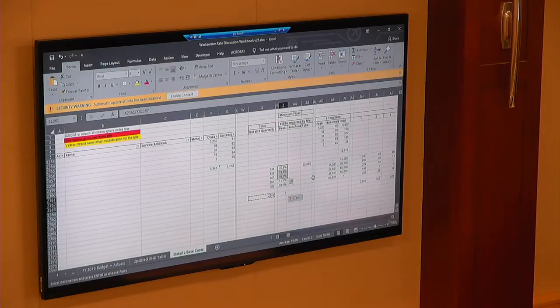Now, do these match up to your class 1, 2, and 3 that we were seeing on the prior chart, or is this a different grouping? This is all accounts.